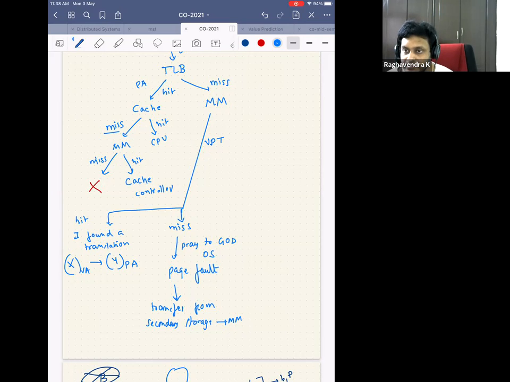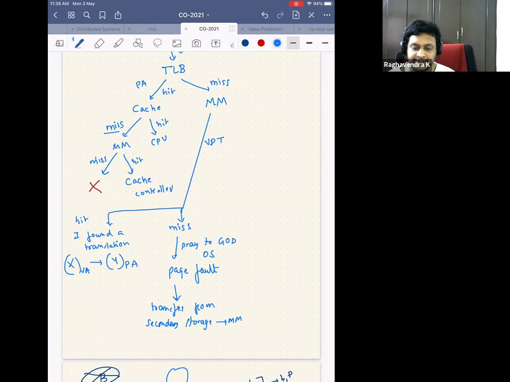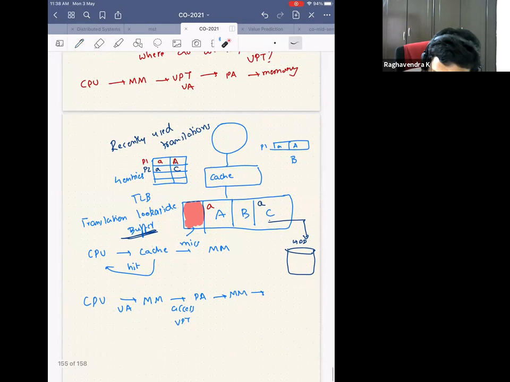If there were some blocks from the removed page in the cache, and maybe not in the TLB, what then? Okay, maybe I have not understood your question right. Let me repeat, and if you are not understanding, let me know. Let's say I brought a block b, small b, and replaced this small a. Let's assume that is what I'm doing.